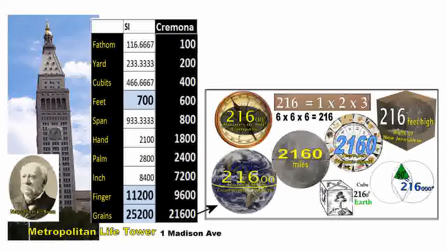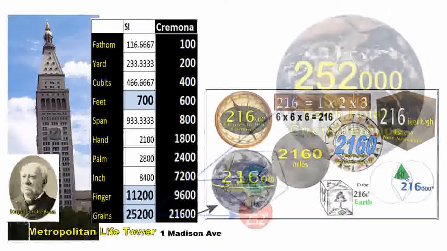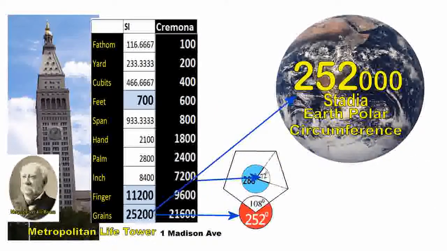There are 21,600 minutes in the compass. Equatorial diameter of the Earth, 21,600 nautical miles. The cube, 2,160, is the miles of the moon. But they also have New Jerusalem and precession, for instance, 21,600 years per age.